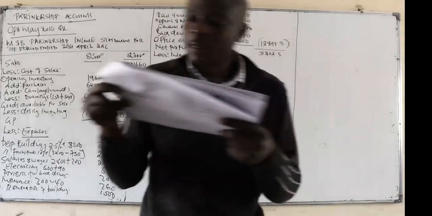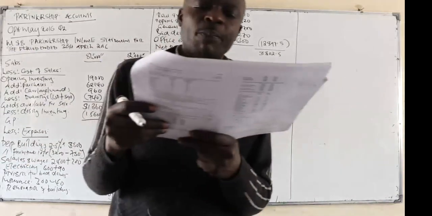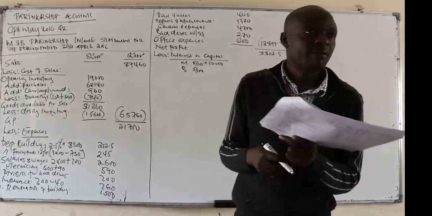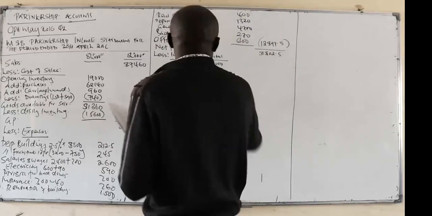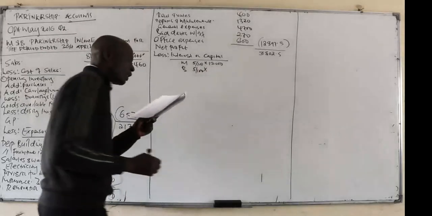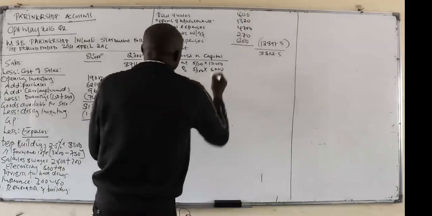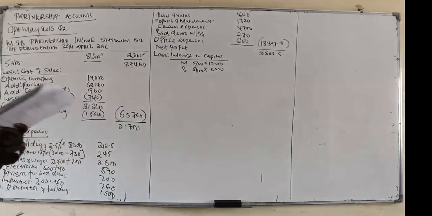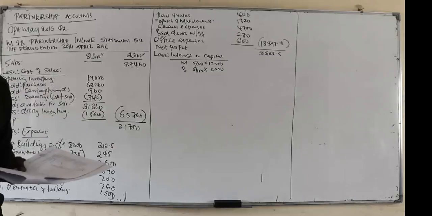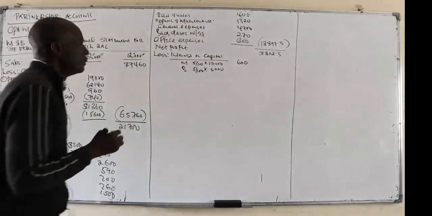In the first statements, when you read the opening statement, you are told the partnership did provide for interest on capital at 5%. That is where I'm getting it. And the 12,000 is already in the trial balance. And then you take 5% of the other partner's capital, which is 5,000. So 5% of 12,000 is how much? 600. So you write here 600, and the other one 250.